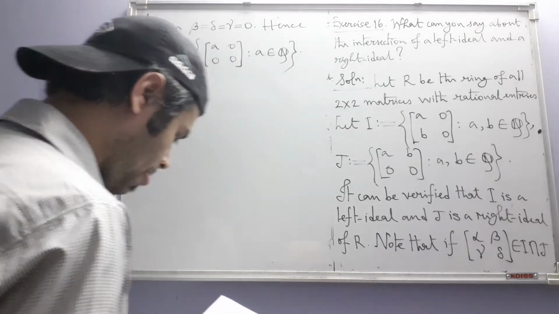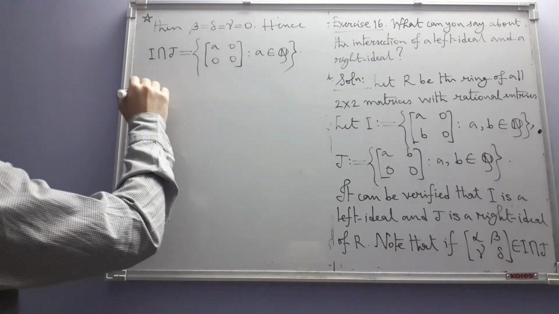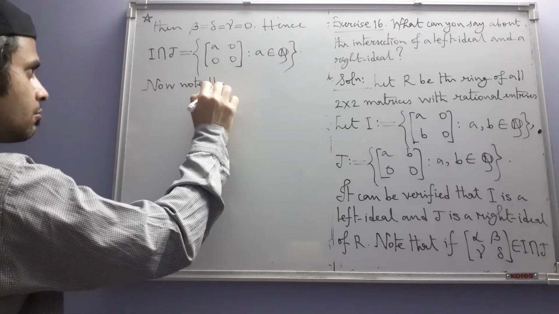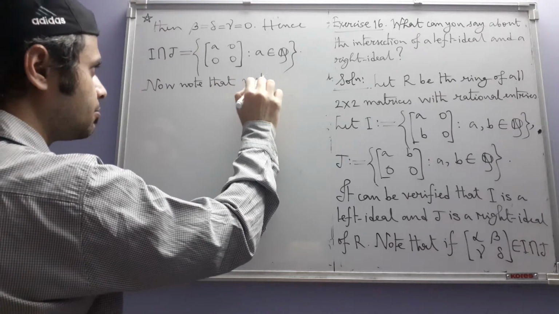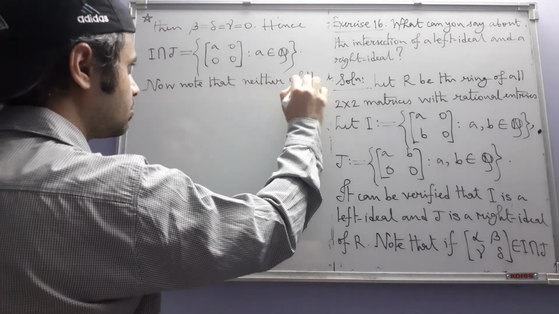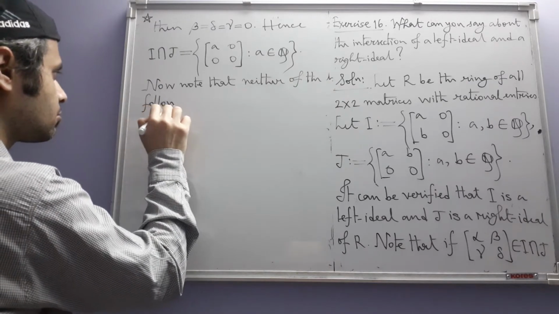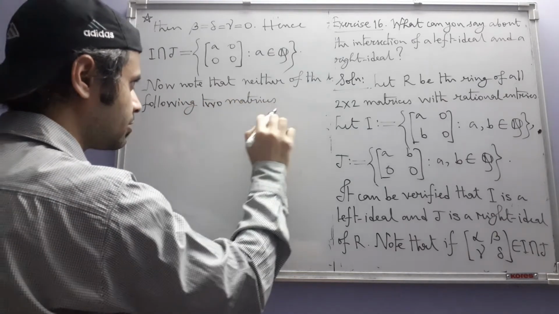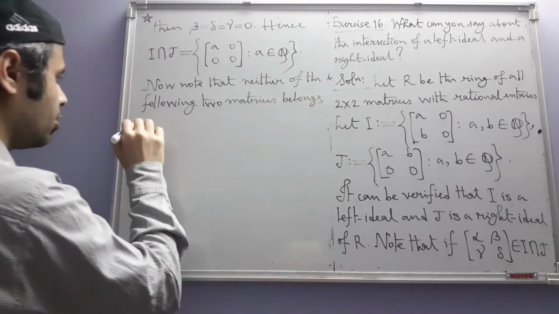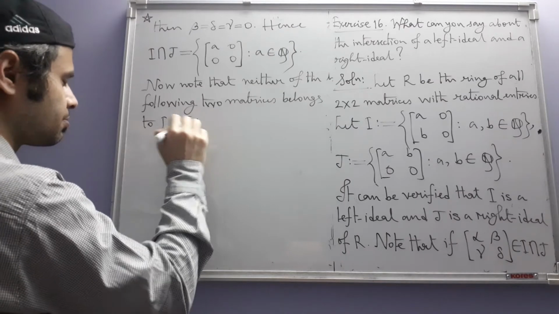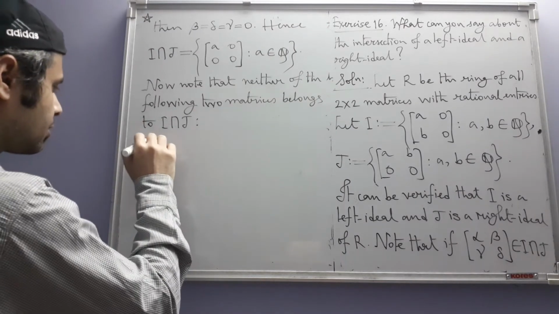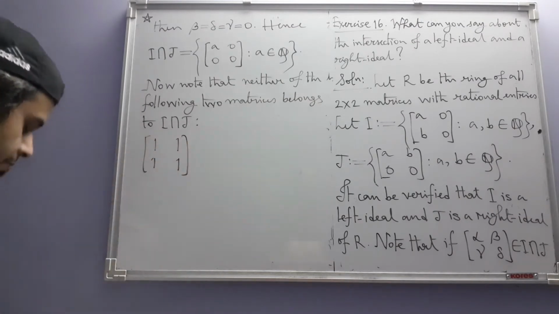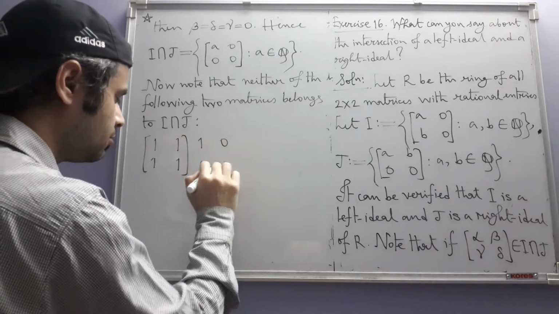Right. Now, note that neither of the following two matrices belongs to I intersection J. And what are they? 1 1 1 1 and 1 0 0 0.